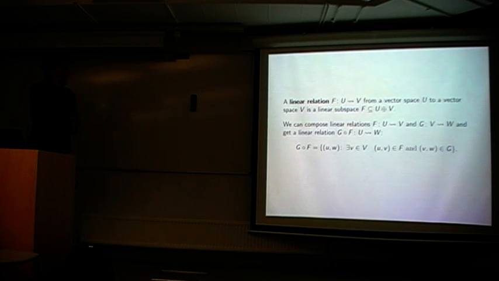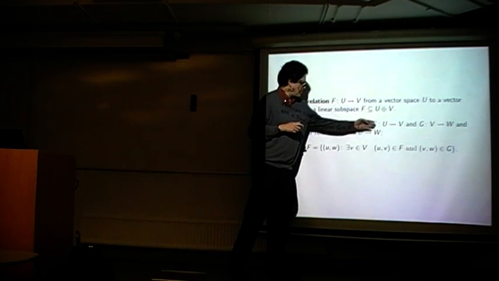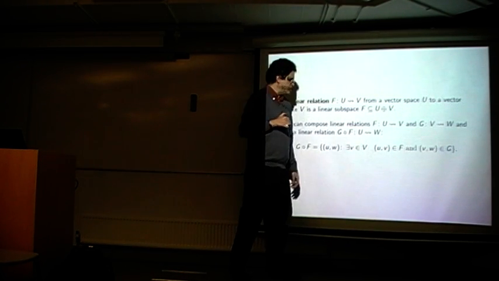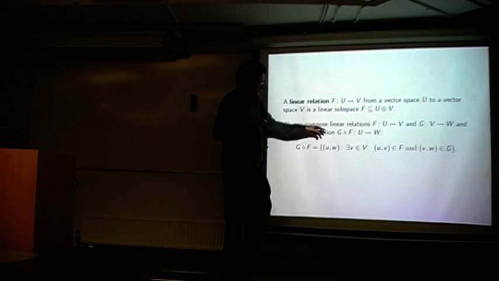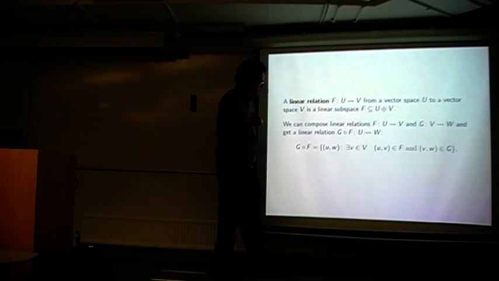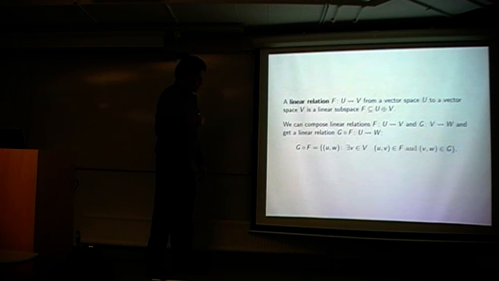And just as you can compose linear operators, you can compose linear relations and get new ones. So if I have a linear relation from U to V, and another one from V to W, I can define their composite, G composed with F, going from U all the way to W, in exactly the same way that I would define it for functions.